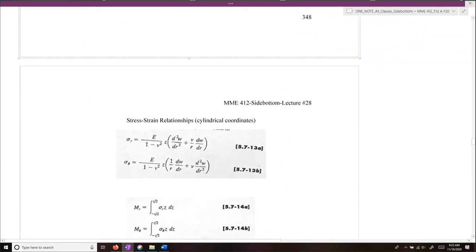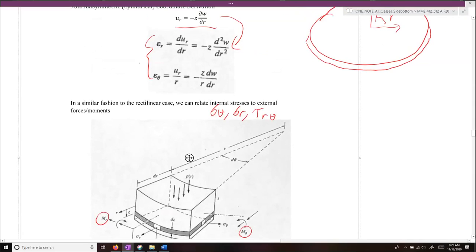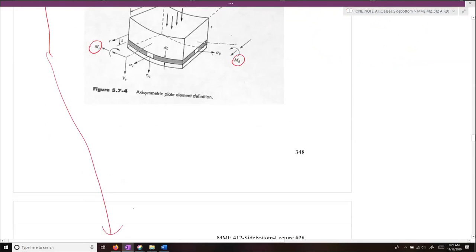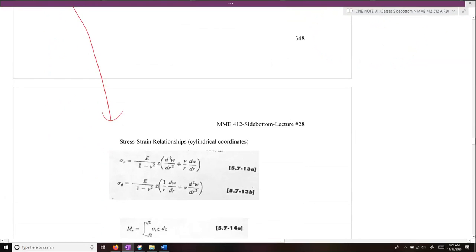So again, we can relate our strains that we defined here, our epsilon r and our epsilon theta, to our sigma r and our sigma theta using our stress-strain relationships for cylindrical coordinates. So now our stress in the radial direction and our stress in the tangential direction are going to be just a function of the displacement W and the elastic properties of our materials.